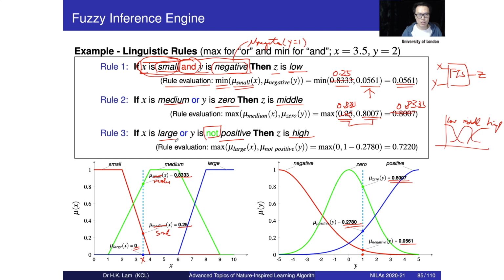And now, when we talk about x is large, mu large is 0. And then now we are talking about not positive. Positive right here is 0.2780. Not positive means 1 minus 0.2780. Again, because we use OR right here to combine these two premises, we are going to pick the maximum one. So this one gives you 0.7220. This is the maximum between these two.